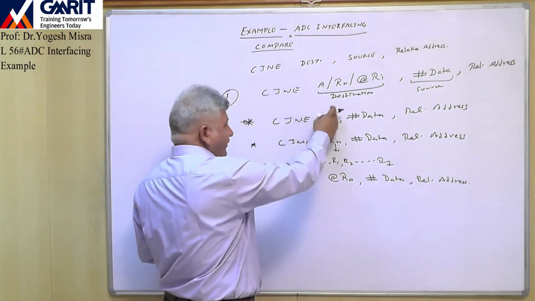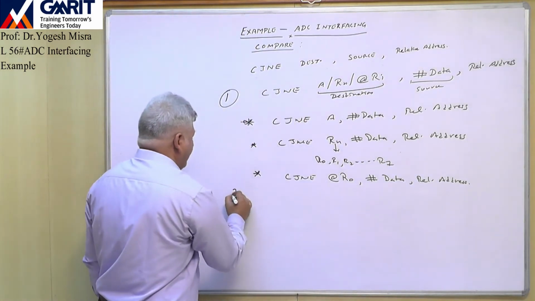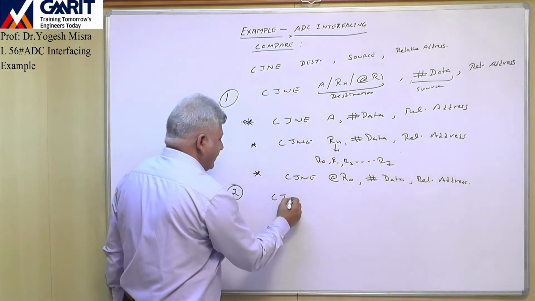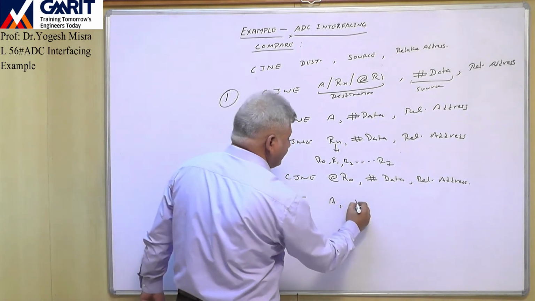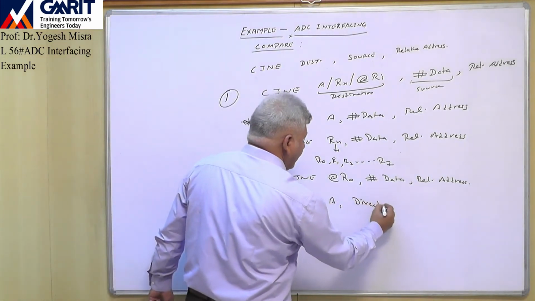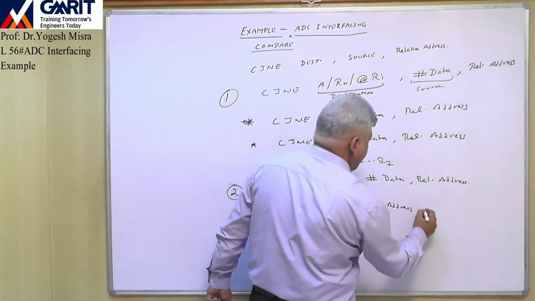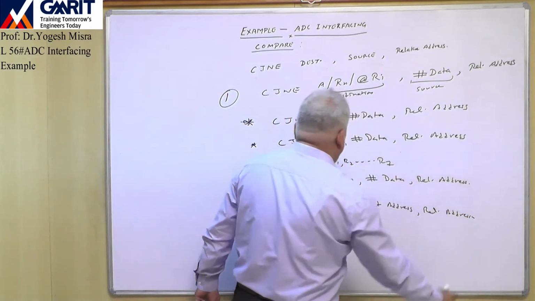In this form there are basically three different formats, and there is another form of CJNE instruction: CJNE A, direct address, relative address.